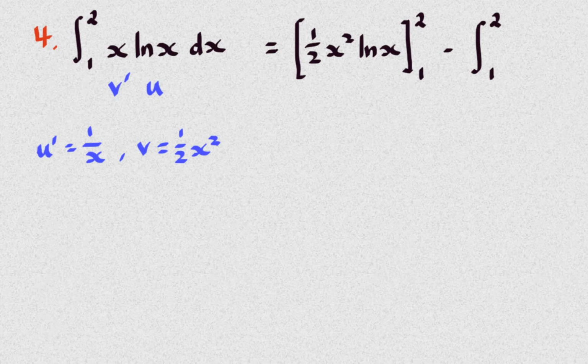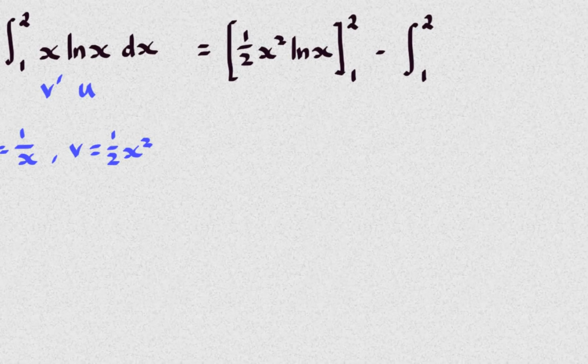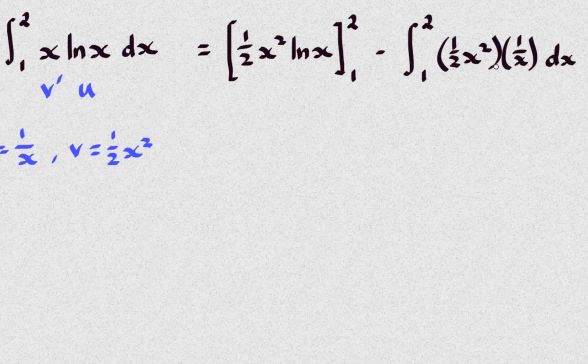So I might just give ourselves a bit more room. And the integral of vu dash, what's that? Well, that is our half x squared and our 1 on x. And so like the previous example, we get a little bit of cancelling that we can do in this integral before we evaluate it.